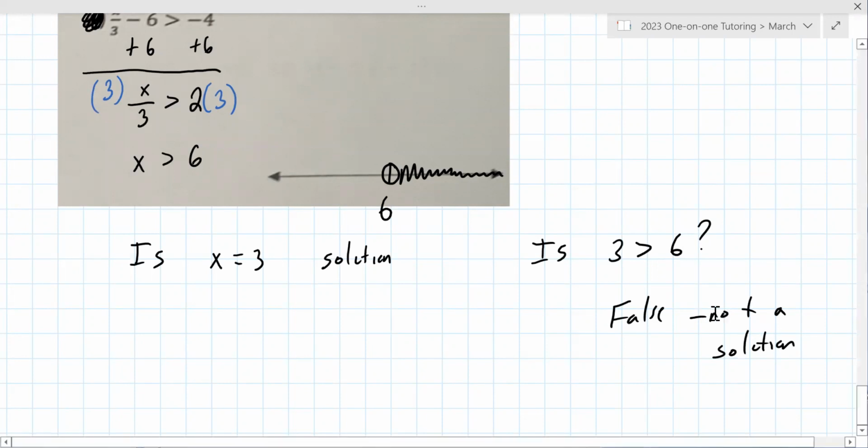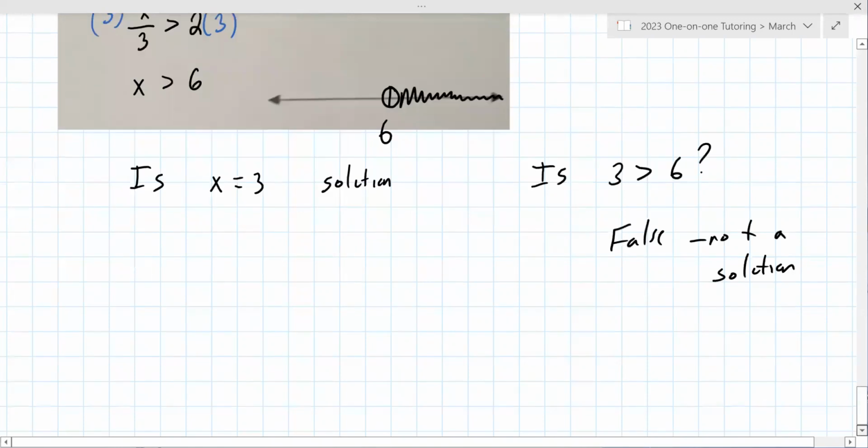Is that okay? Yep. All right, so last thought for today is sometimes you will work a problem and it will say something like 3 less than x. You want to change this to x greater than 3. I want you to see that the larger end is pointing at the x.